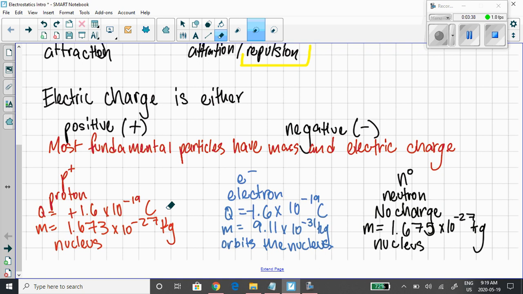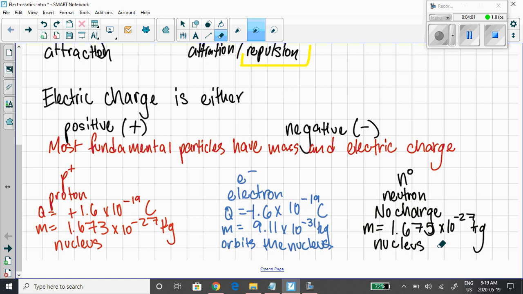The magnitude, the size of the charge is the same. See that? But the proton has a positive charge, the electron has a negative charge. Very tiny mass. Orbits the nucleus. Neutron, n with a zero, neutron. No charge. Tiny mass found in the nucleus.